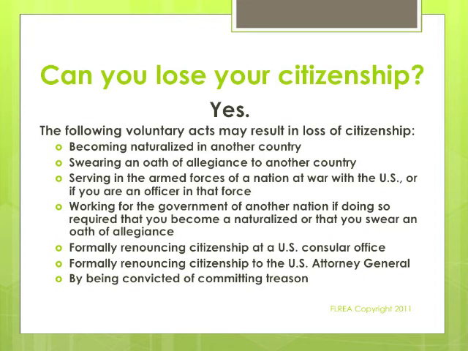So if you work for another government of another country and you have to swear allegiance to them, you will lose your citizenship in the United States. Also, formally renouncing your citizenship to either the Attorney General, to the Consular Office, or if you are convicted of committing treason, which is a crime against the United States. All of these are ways you can lose your citizenship.